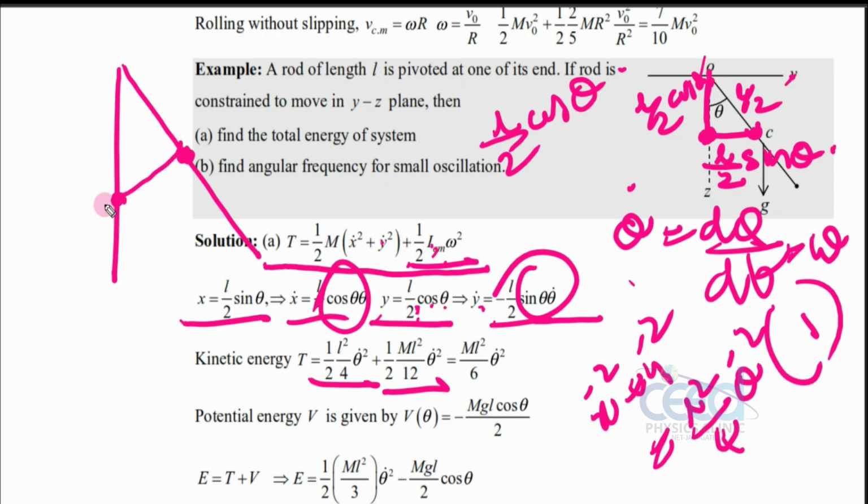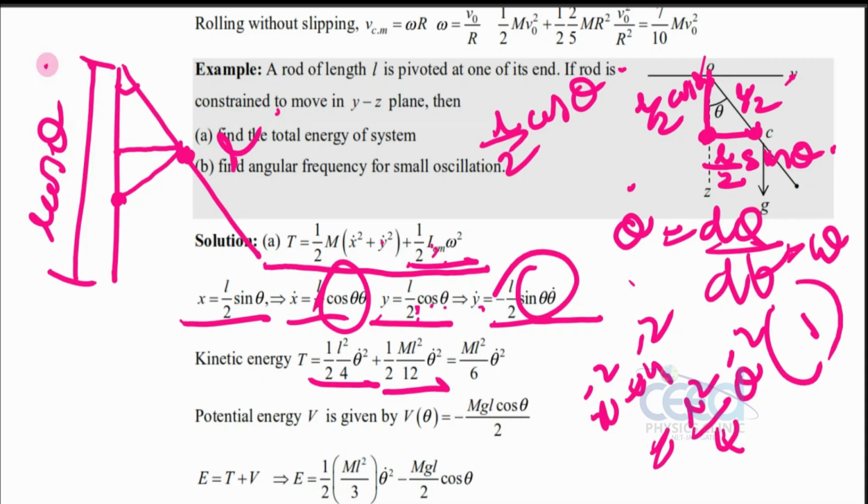How can we represent it? This is totally L, and this is L cos theta. Now this is L by 2, and this part you can write as L by 2 cos theta. This is theta, so L by 2 cos theta.